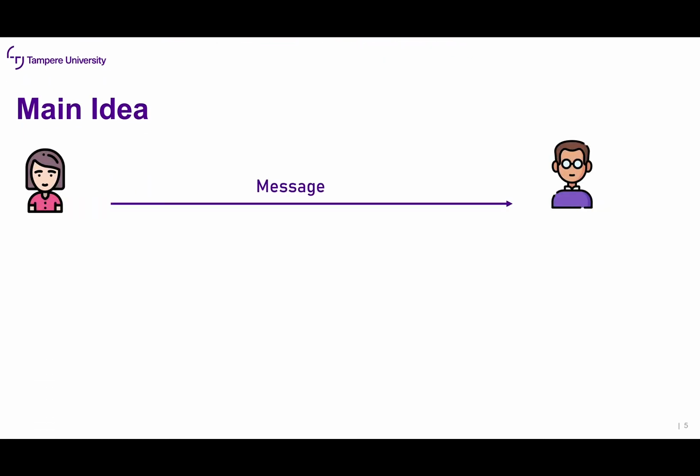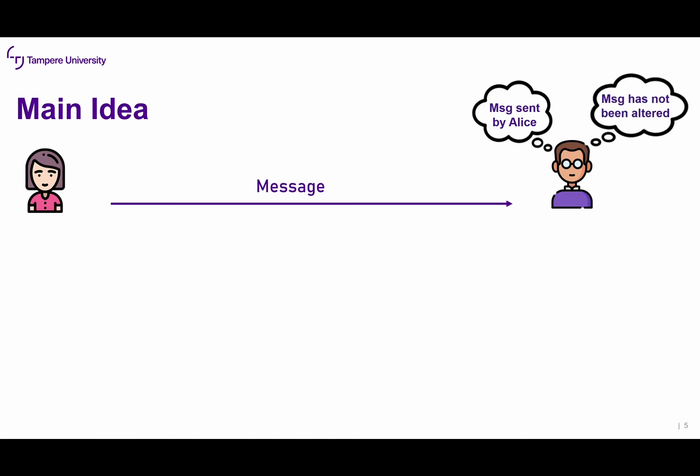Good. So the main idea, again, we have Alice and Bob. Alice would like to send a message to Bob. Upon reception, Bob would like to have a way to make sure that this message was indeed sent by Alice and not someone who is impersonating Alice. And he would also like to make sure that the message was not altered in transit, so that the message that Bob received is exactly the message that was sent by Alice.